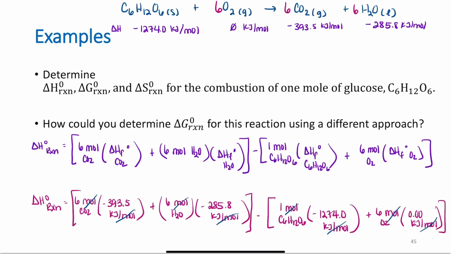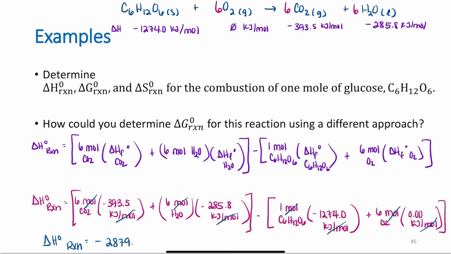Cancels moles there. Add this all up, and I get, no space left, delta H of reaction equal to negative 2,879.6 kilojoules. Oh, I just wrote the wrong value too.